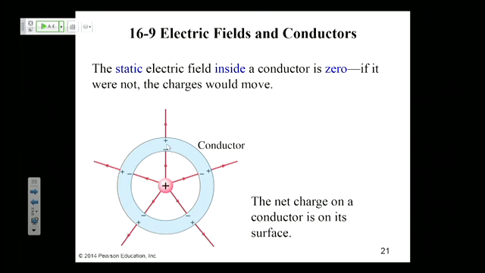However, at the surface of the metal, you will have equal amounts of positive and negative charges such that they produce a field opposite in direction and equal in magnitude to the original field, such that they cancel that field and produce zero field within the conductor.